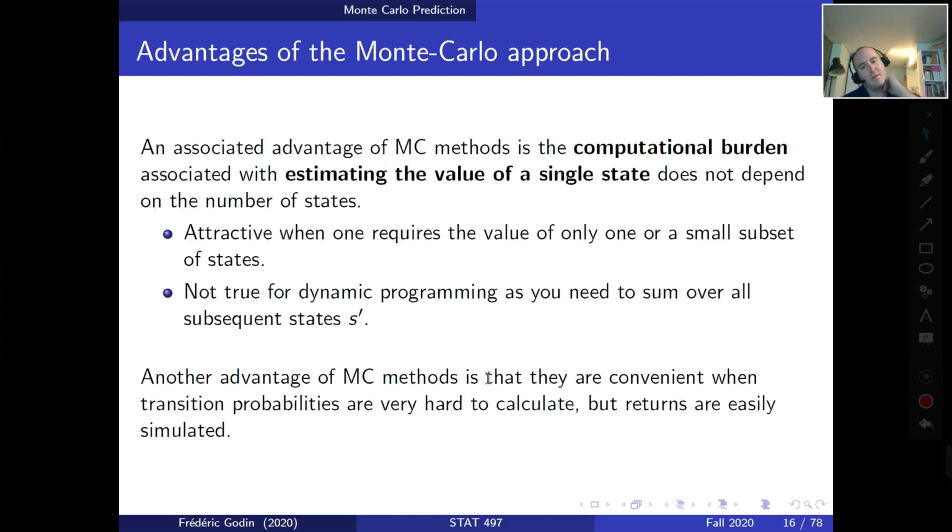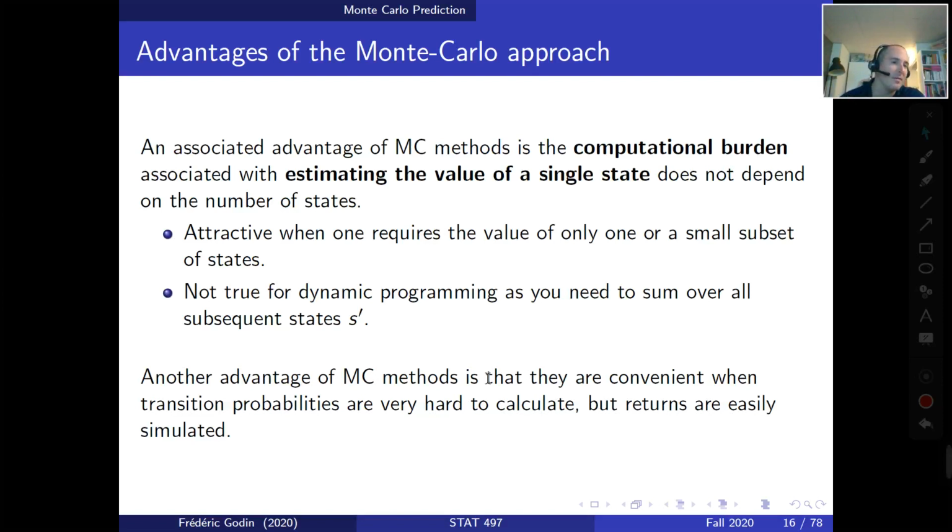Conversely, for Monte Carlo algorithms, when possible transitions between states increase, it doesn't matter because you can still generate experience. You don't have to experience all possible transitions. You only have to face state S at least a few times, and then you can learn from this experience.